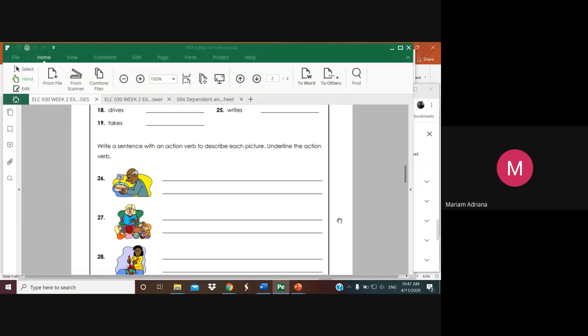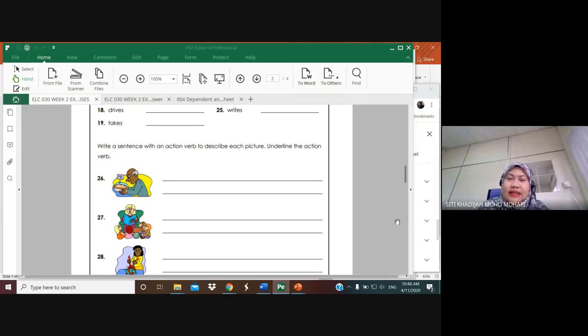If I do my sentence like this, Mr. Raju is looking at the pie. Very good. Is looking, meaning that is present continuous.